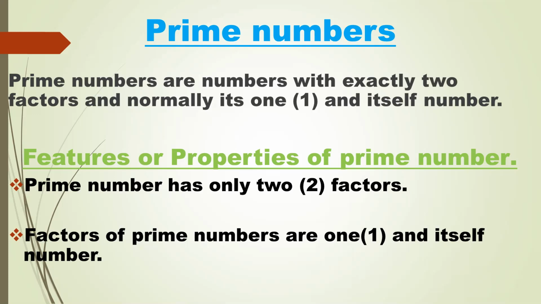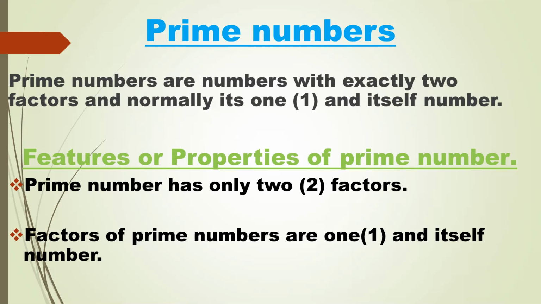Okay, so numbers that can divide it, or 2 numbers that when you multiply you get that particular number. If there are only 2 such numbers, then that number is a prime number.